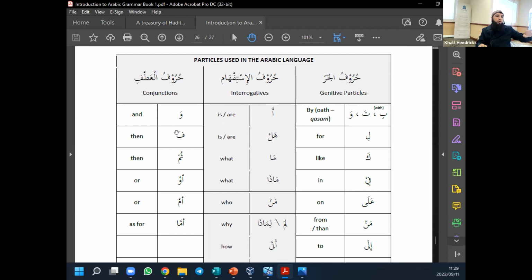Right? Both of them mean or, aw or am. You can maybe just put a question mark there if you want to. Aw is just when you're making a statement. Fa means then. Thumma also means then. But fa is immediate succession, and thumma is like delayed succession.